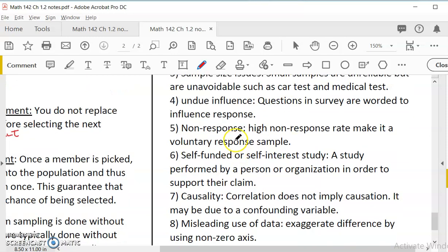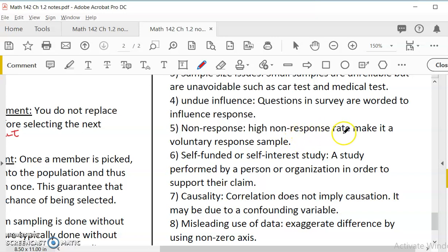Other issues in a statistical study would be non-response. You might pick your sample randomly, and you want everyone to give you data, but sometimes people refuse to give you data. With a very high non-response rate, it seems that the sample is a voluntary sample. Only people with strong opinions will respond.